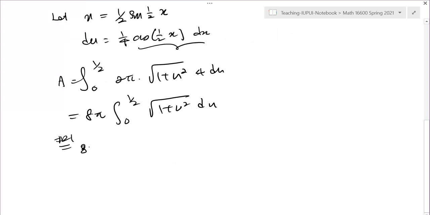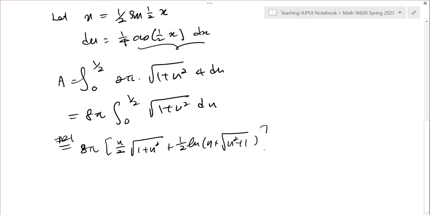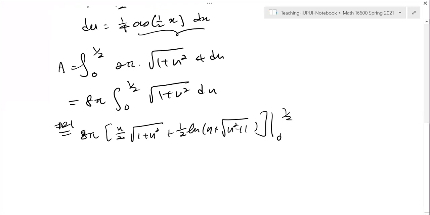The antiderivative is going to be half of u times the square root of 1 plus u squared, plus half of natural log of u plus the square root of this. And evaluate at these two endpoints. So you have to put all the numbers into this, plug 1/2 for u, and you have to complete the steps.